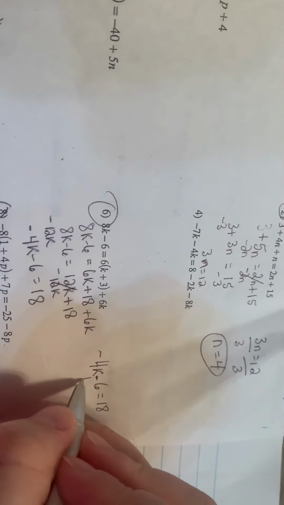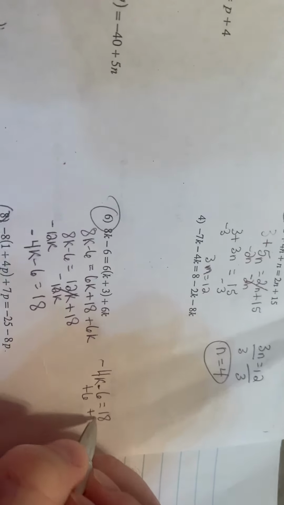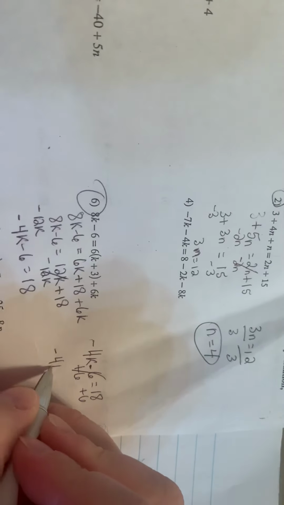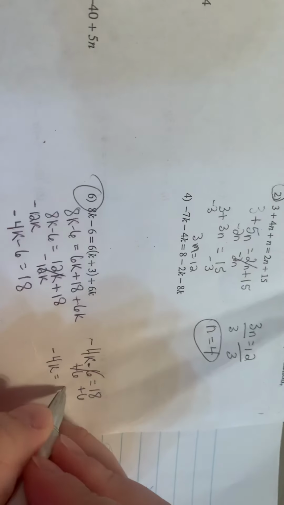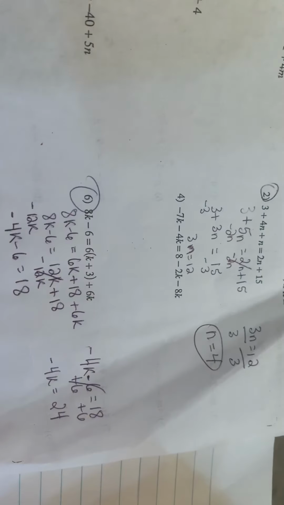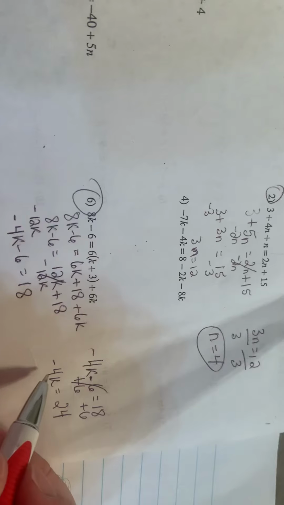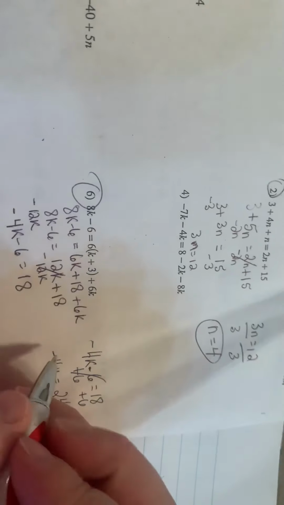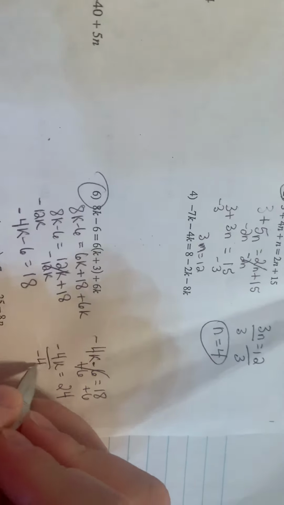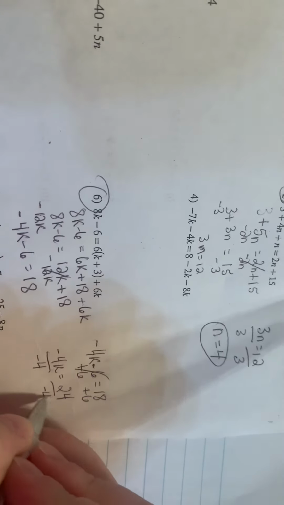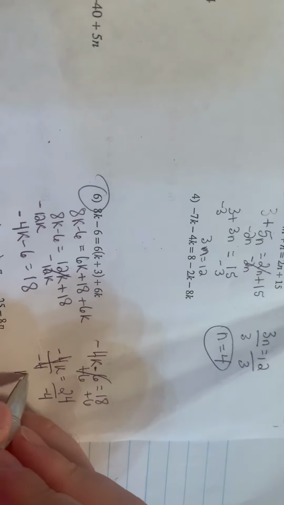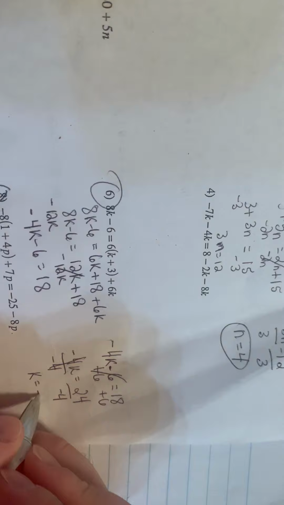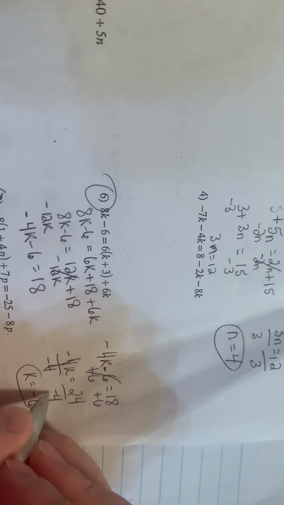Well, it's easy to move the 6 because we can just add it, and that gets rid of it. And over here we have 24. And then this is not plus or minus. They're right by each other, so it's multiplication. So if you divide by the same thing, you will get rid of it. Okay, and you're left with k. Now remember, a positive divided by a negative is negative. So it's negative 6.